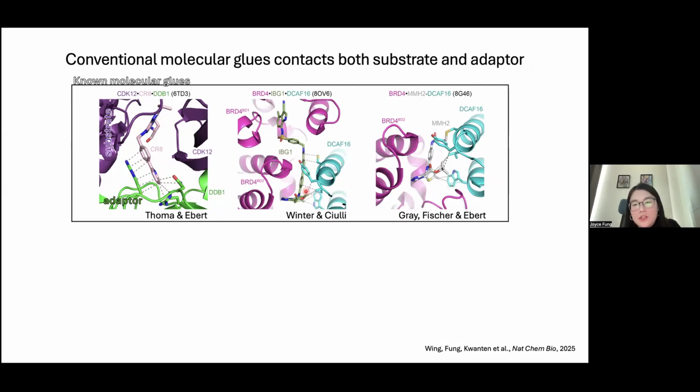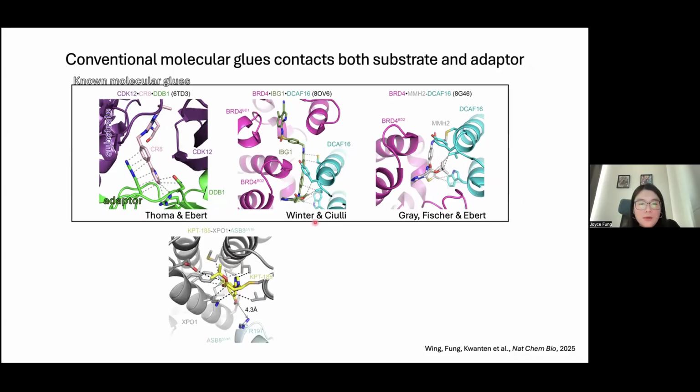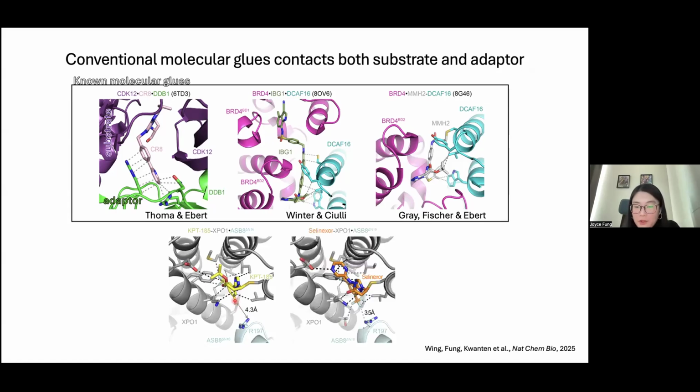Same case here in IBG1 and MMH2 in the BRD4 DCAF16 system. So this is in contrast to our case, where, like I mentioned earlier, the closest distance it gets is 4.3 angstrom for the 185. Unfortunately, the selinexor has a bigger motif in the bottom and actually gets in van der Waals contact, 3.5 angstrom, but it's only a single contact.